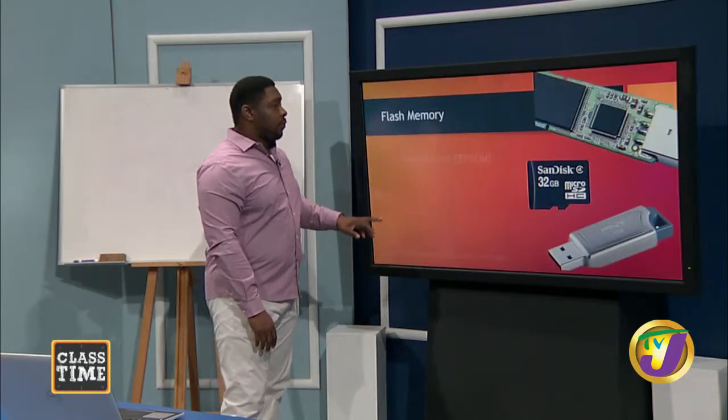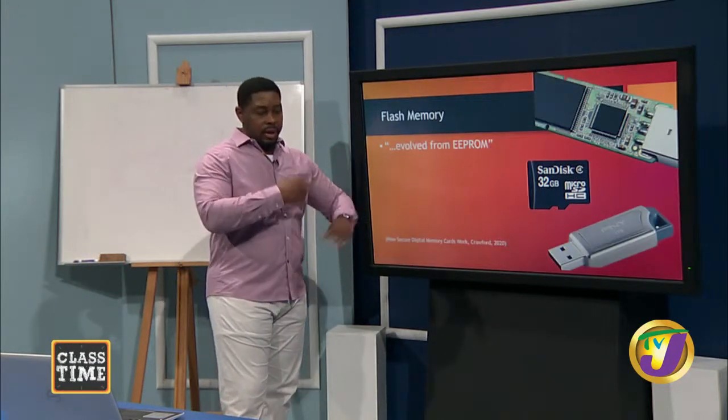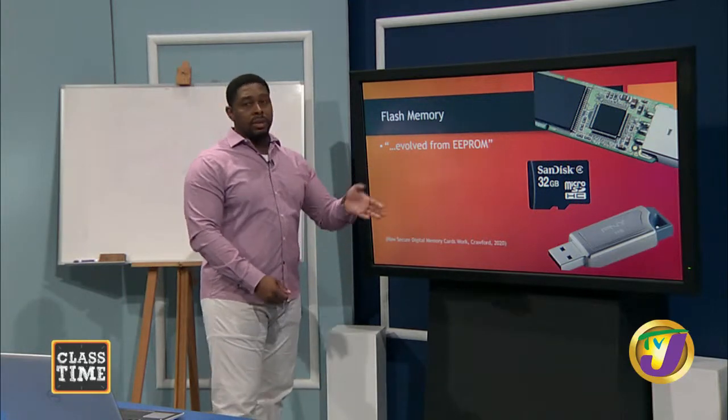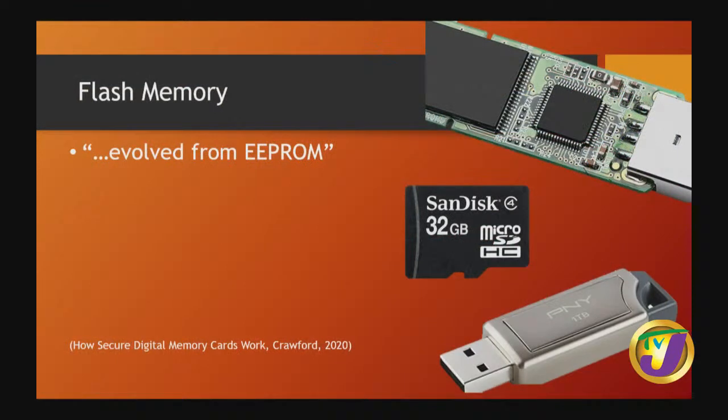All right? So flash memory, the same thing we're talking about when we're talking about SSDs, but the technology behind it comes from EEPROM, and that's what we were talking about earlier. EEPROM has evolved, and the evolution of it brought about flash memory.